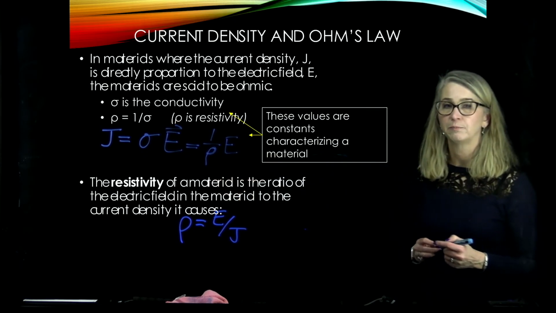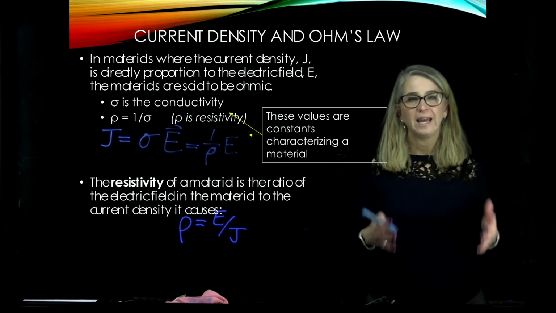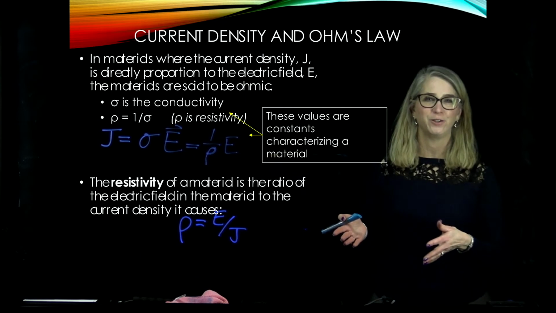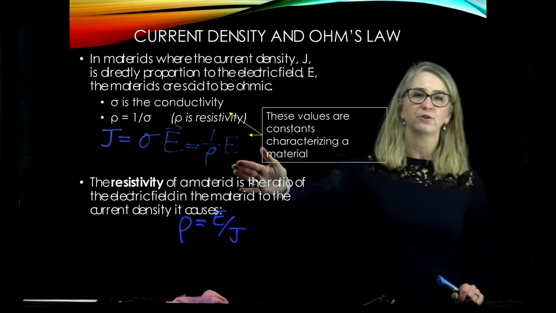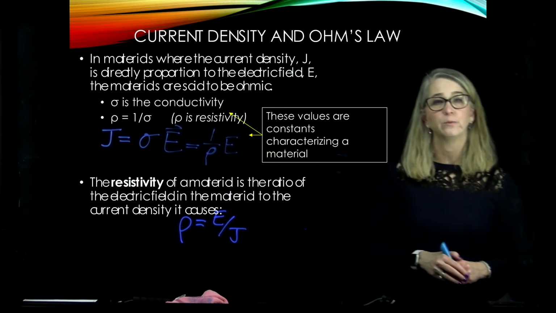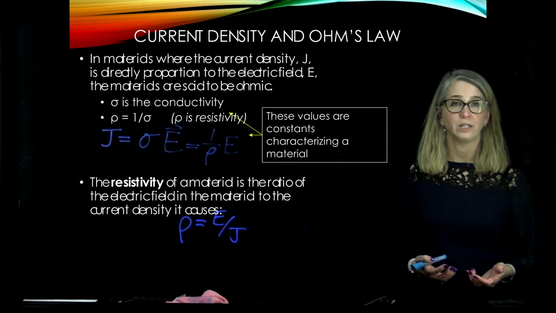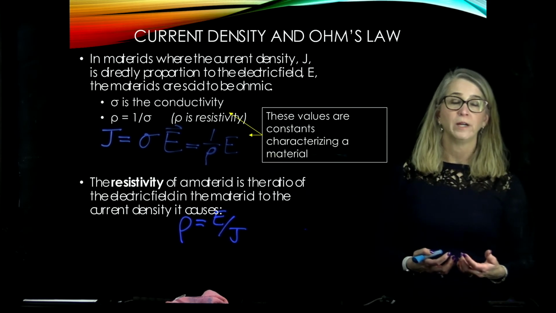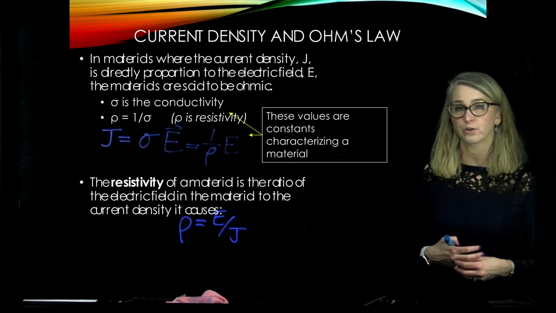Not all materials behave this way, but we're going to focus on materials that do. Materials where the current density and the electric field are related in this way are said to be ohmic materials. When they obey Ohm's law, the material is ohmic, and we're going to deal with that kind of material when we study our circuits.